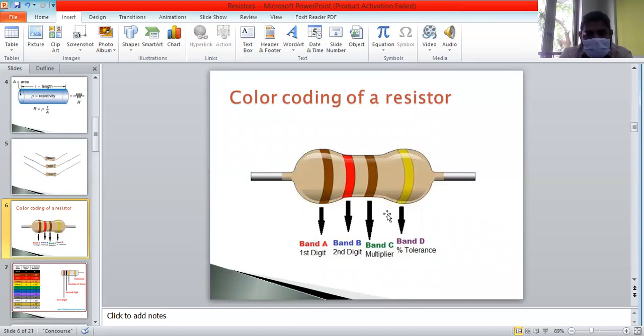The first 3 bands stand for the value of resistance, the magnitude of resistance. Out of those 3, the first 2 lines are making a digit. The third one is a multiplier.